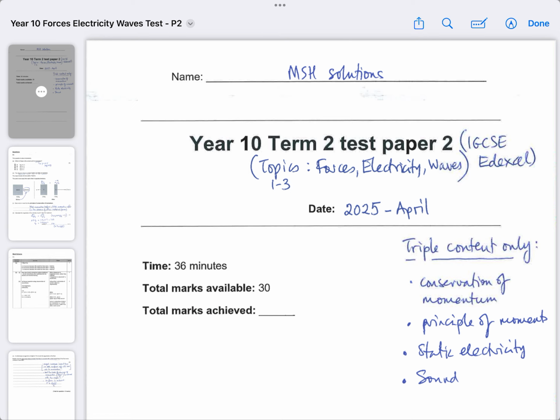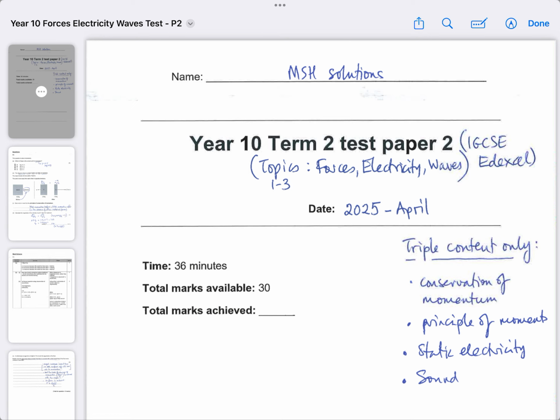I'm just doing a quick run through for this Year 10 IGCSE Term 2 test paper. Now, this is really useful for students doing IGCSE revision because this test paper covers the first three topics which you studied in Year 10 probably.